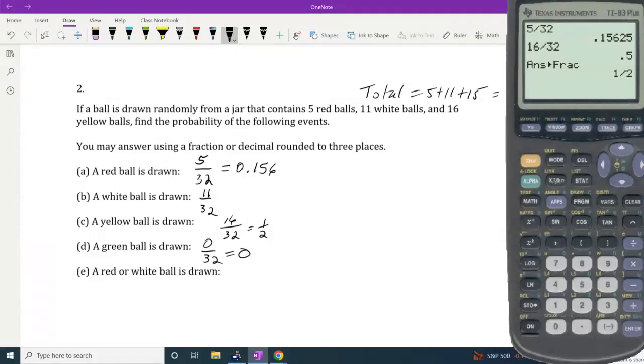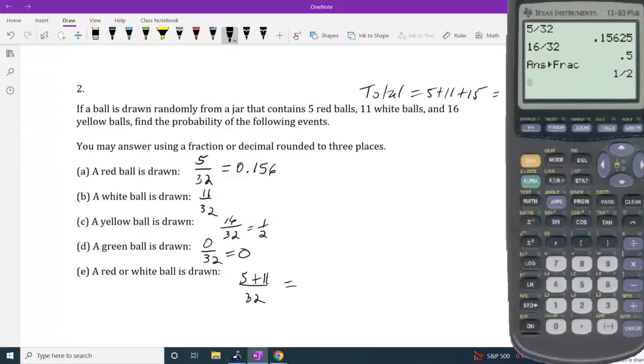And what about E, a red or a white ball? Here again, the denominator is 32. So how many red balls are there to choose from? 5, plus how many white balls? 11.